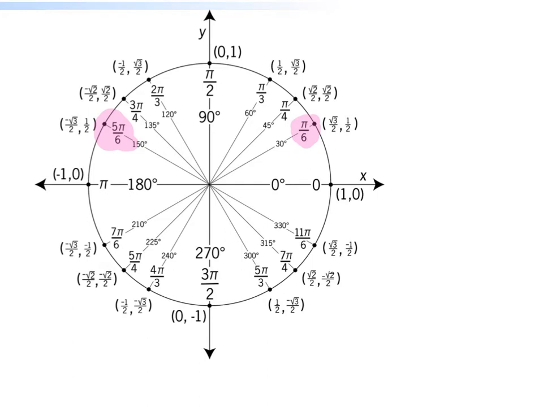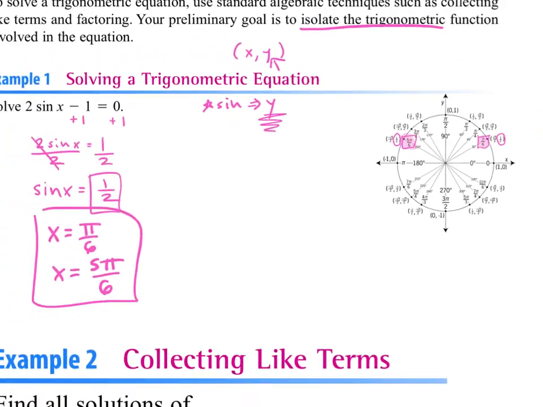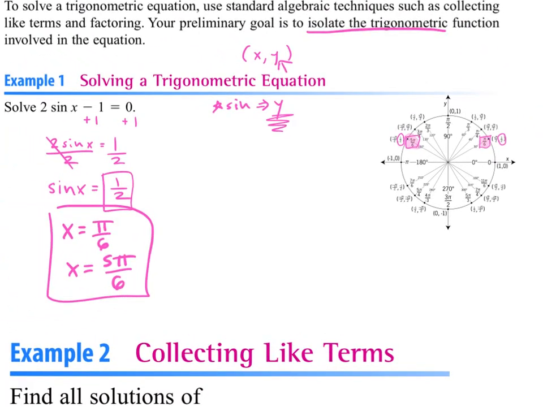So we look on our unit circle to where y is 1/2. So we have y is 1/2 here and y is 1/2 here. So we're looking at the radians of where sine is 1/2. Any questions?